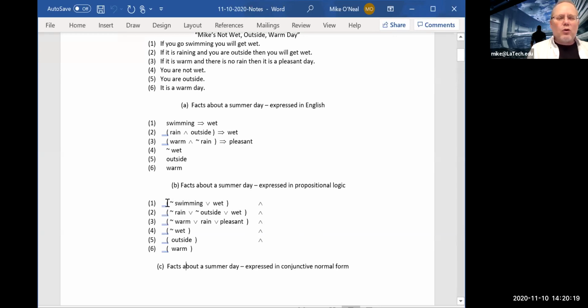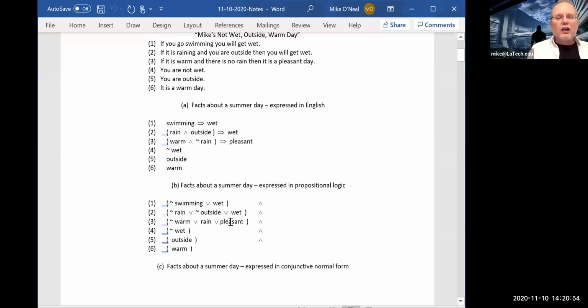In conjunctive normal form, the individual expressions are either individual propositional variables like outside or warm, or negated propositional variables like not wet, or a series of ored propositional variables: not swimming or wet, not rain or not outside or wet, not warm or rain or pleasant.